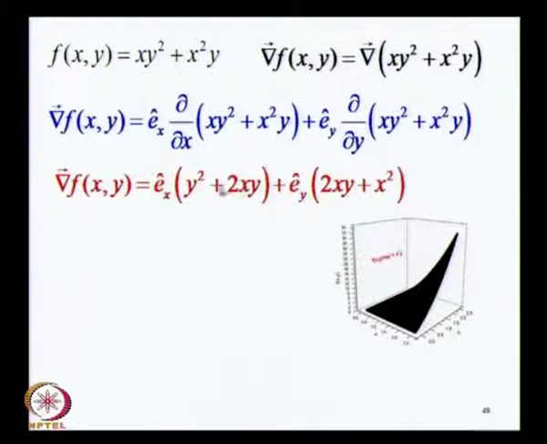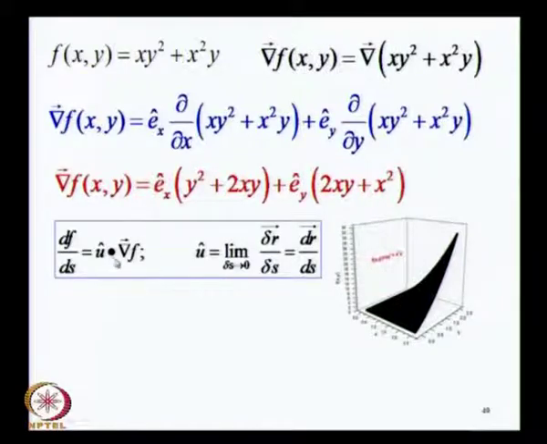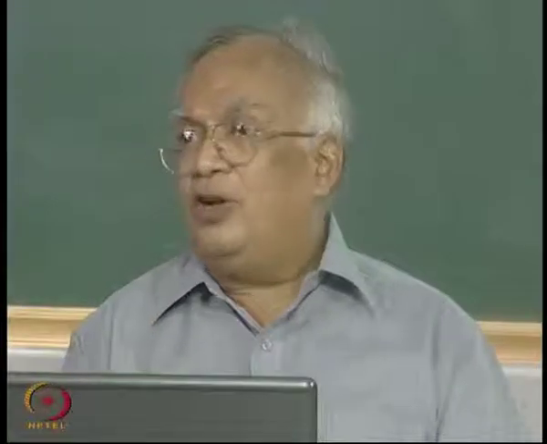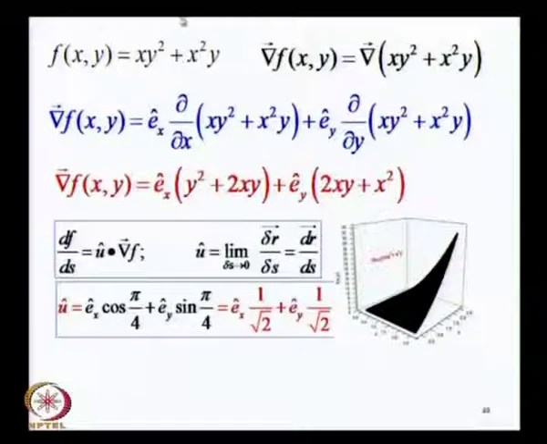By taking these derivatives you can get the complete form for the gradient, and all we have to do now is to take the component of this gradient along the unit vector. Which is this unit vector? It must be a unit vector pointing in the direction of 45 degrees. You can construct that unit vector because you know the angle at which it should point. That unit vector will obviously be cosine pi by 4 times Ex plus sine pi by 4 times Ey. We know these quantities, which are 1 over root 2, both of them.